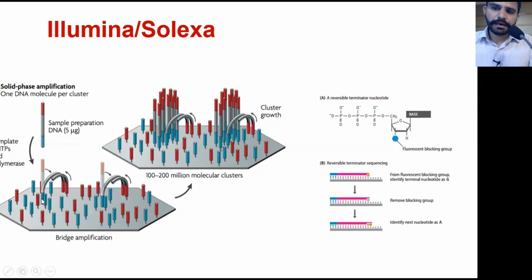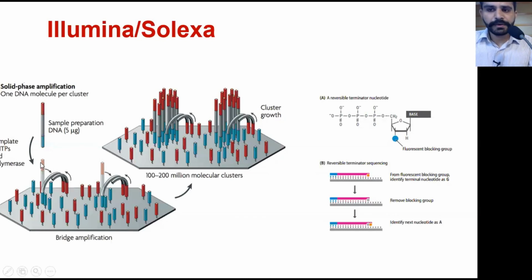And similar adapters are also present on a cell, on a flow cell. And we merge that fragment onto that cell. Because these adapters have similarity to the probes that are already attached to the cell, they become complementary, and this is how it looks. It gets complementary, and because this probe that is already present on the cell acts as a primer, and this acts as a template, it starts incorporation of new nucleotides.